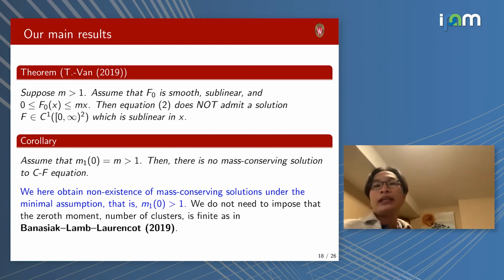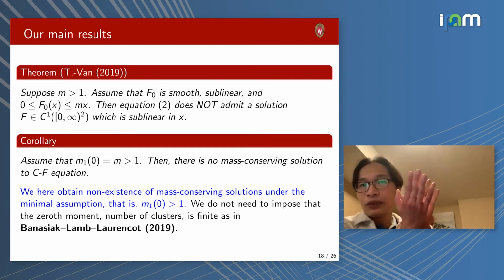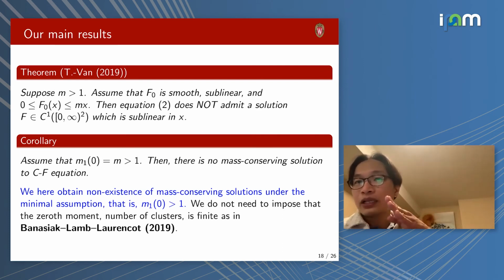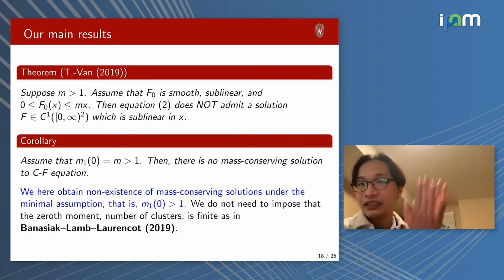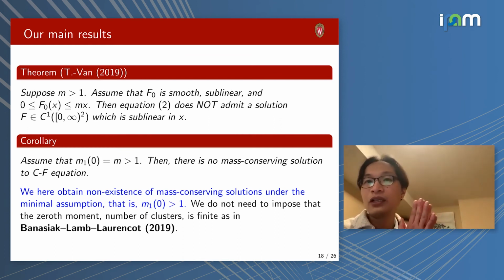The key point in this analysis is that the two special solutions are mx and (m minus 1)x. Because m is greater than 1, both of those special solutions are positive and have linear growth, and they force us not to have any C1 solutions that are sublinear, because both of them have linear growth and are bigger than 0.